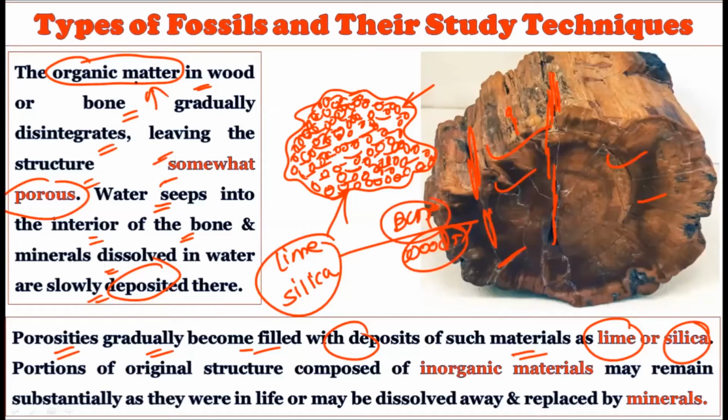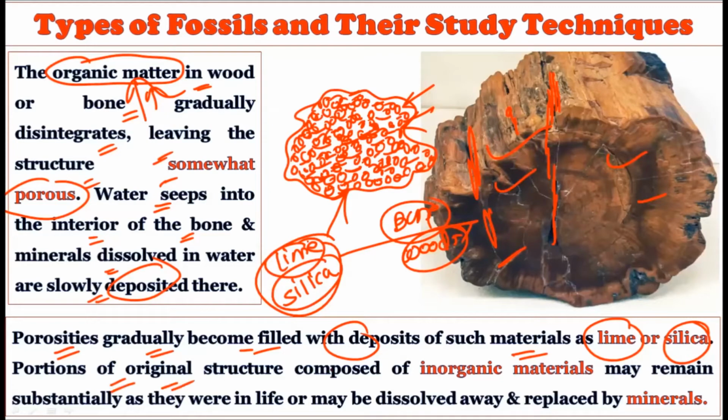So what happens first? The organic matter is removed. Due to this, porosity occurs and the wood becomes porous. So the water enters, and the water leaves behind minerals inside this porous wood or bone, and these minerals are generally lime or silica.